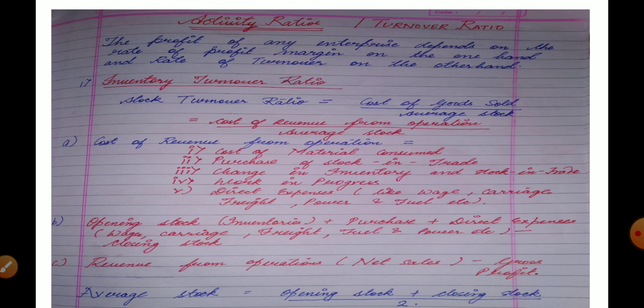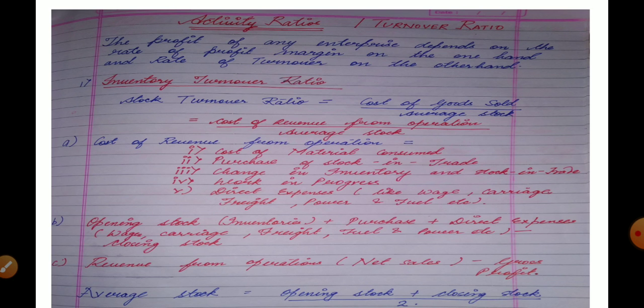This ratio shows whether the inventory has been used efficiently or not. It shows the speed at which the inventory is converted into revenue from operation during the year, and the higher the ratio is the better.